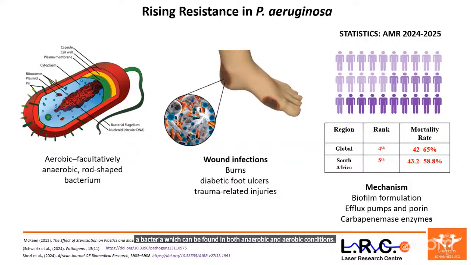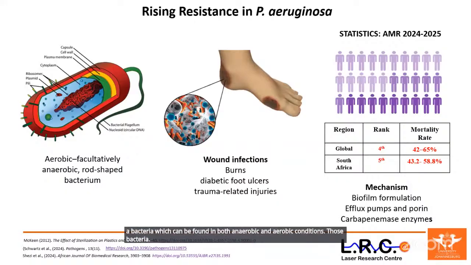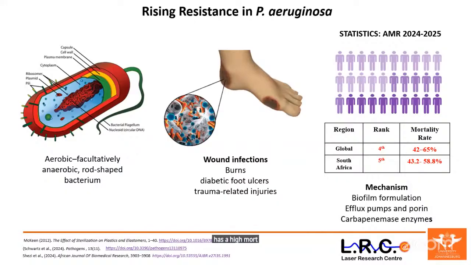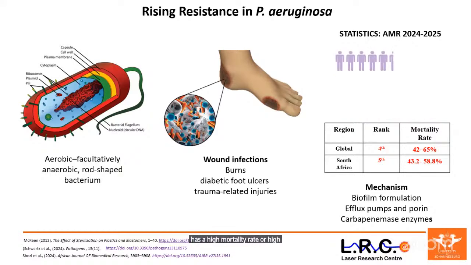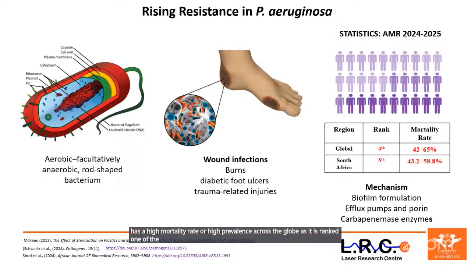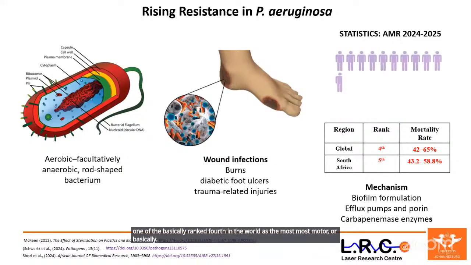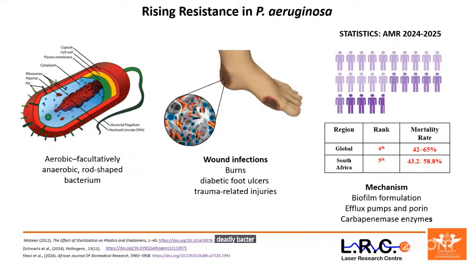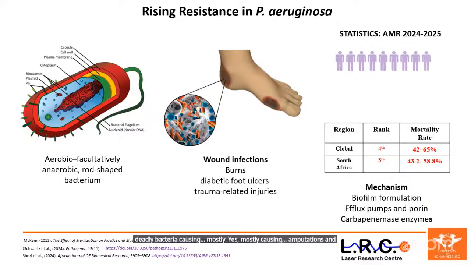This bacteria has a high mortality rate and prevalence across the globe, as it is ranked fourth in the world as the most deadly bacteria, mostly causing amputations and other illnesses, including gangrene.